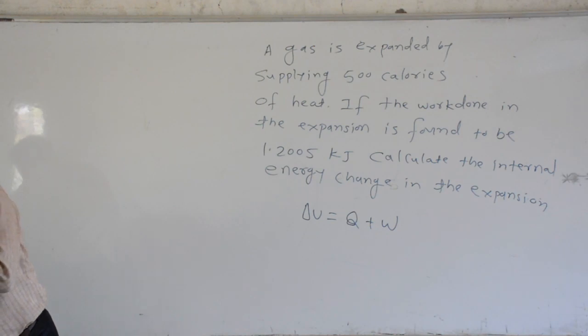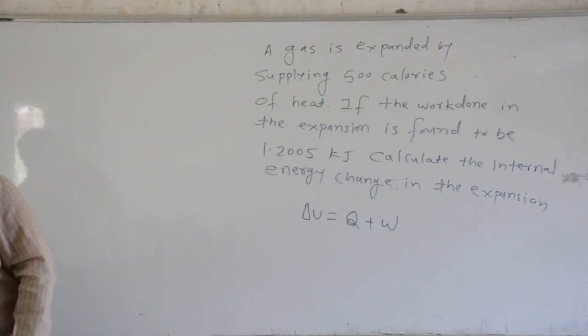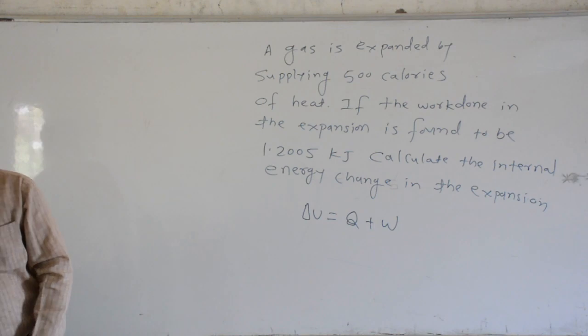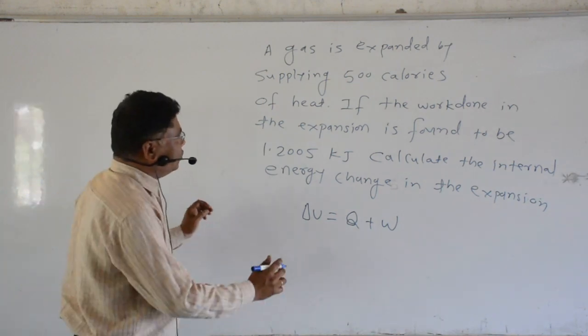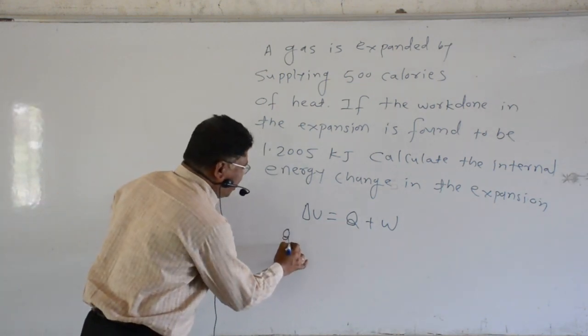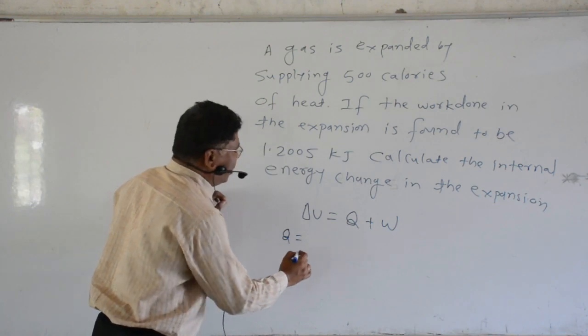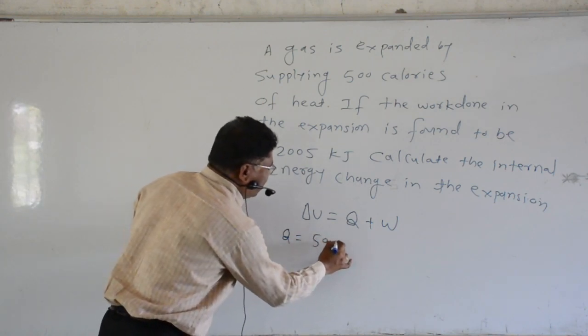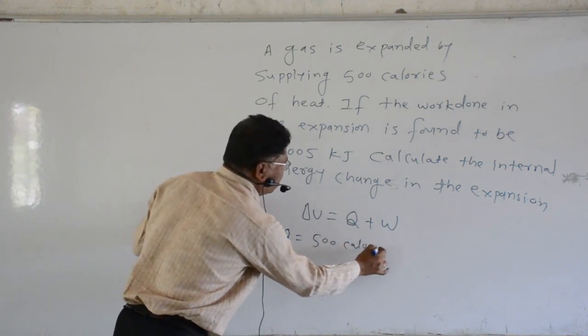Now here we want to find out delta U. The value of Q is given. It is in calories, that is 500 calories.